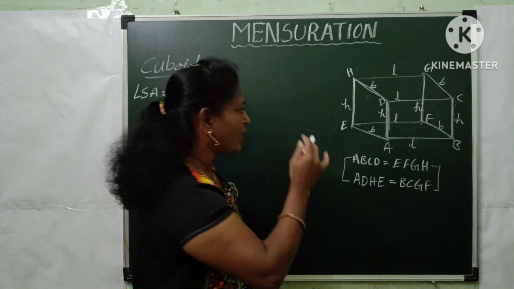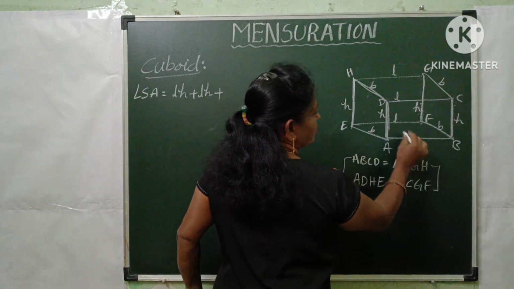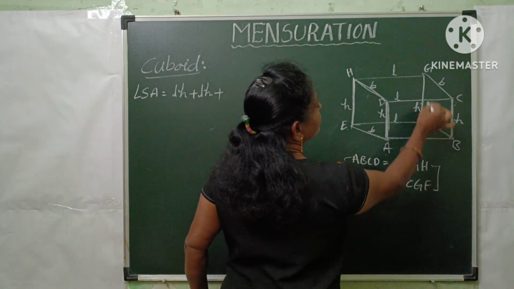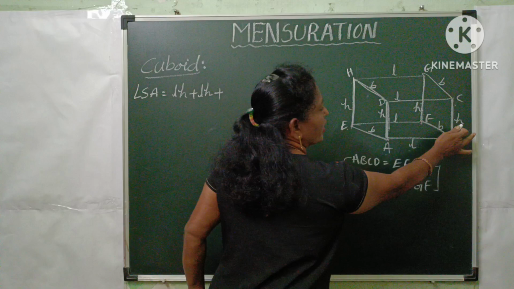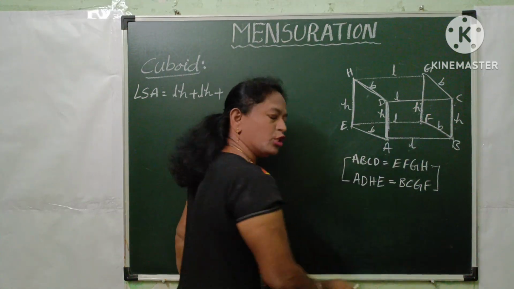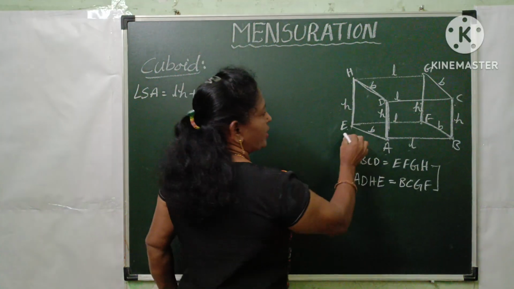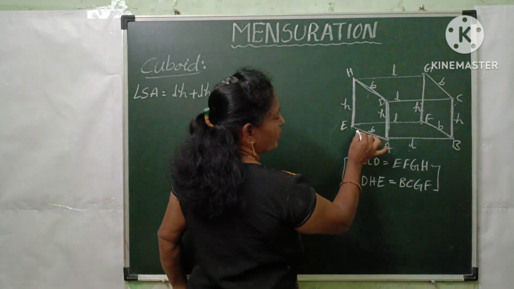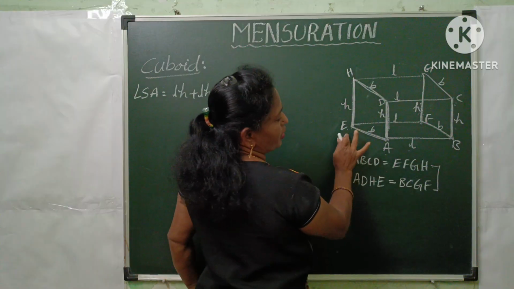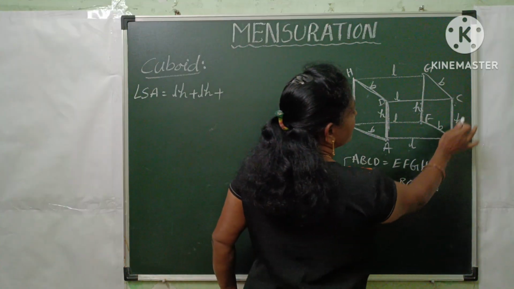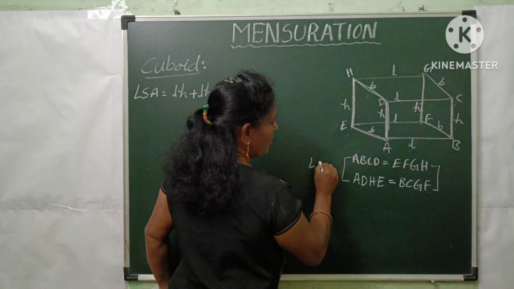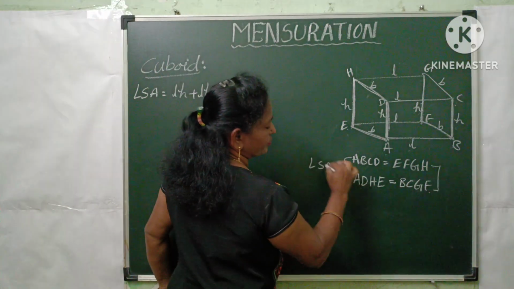Remaining are these two walls. ABCD's opposite wall is EFGH; if you find one area, the opposite wall has the same area, L into H. And the next opposite walls, ADHE, and its opposite wall BCGF. These two are opposite walls. These give the lateral surface area.